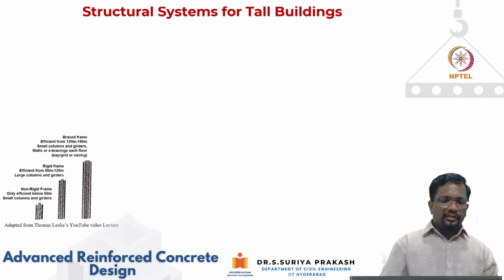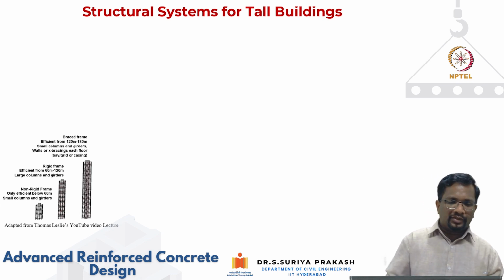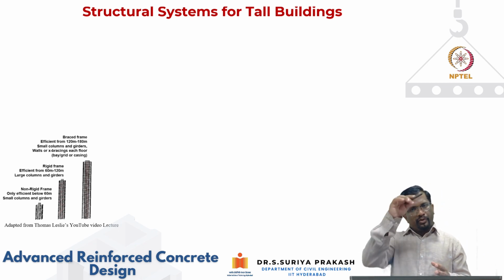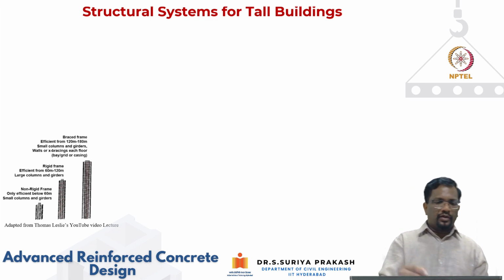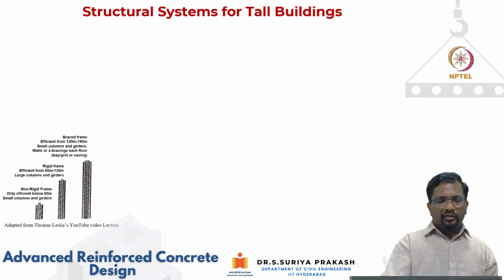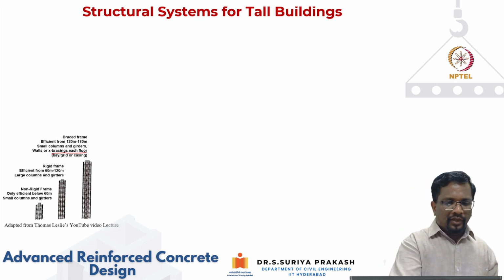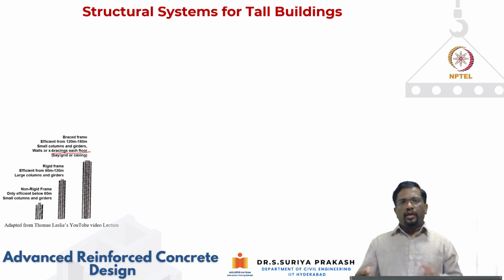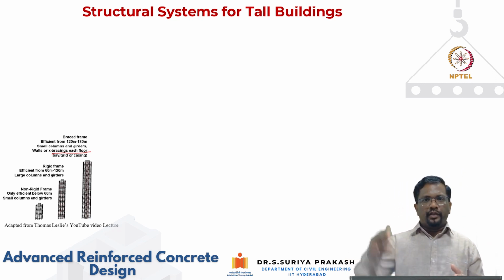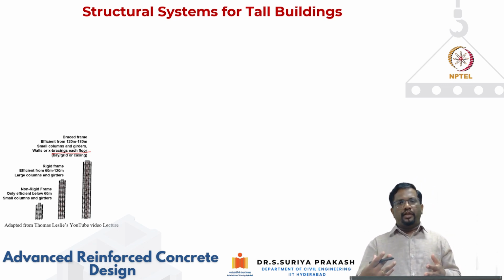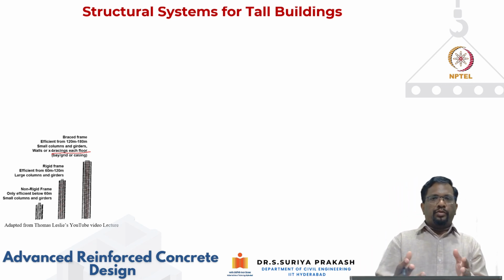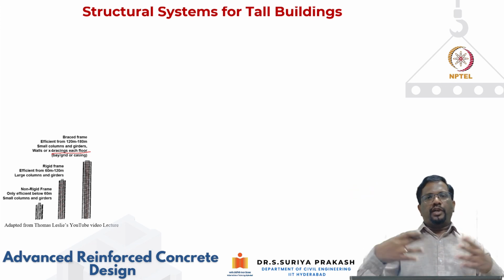The next system is, along with this rigid frame system, at each floor you also add bracings. These are either shear walls or X bracings, at each floor. The only thing is, if you are doing an apartment building, you cannot have walls on the exterior. Everybody wants an open space.